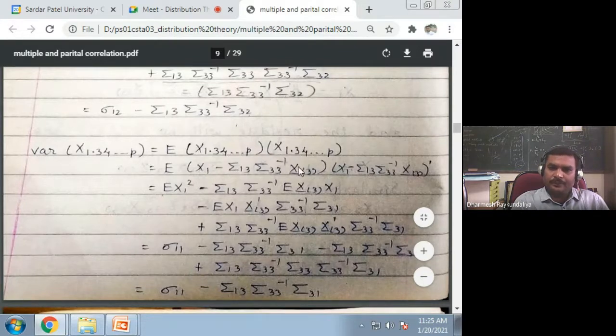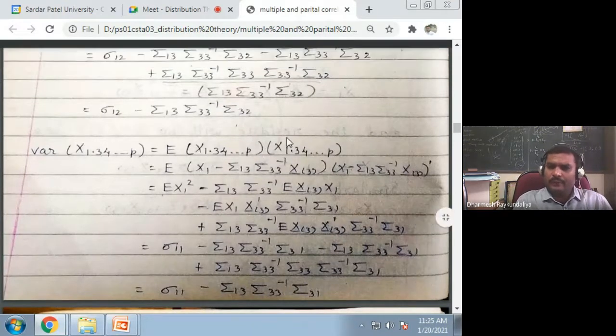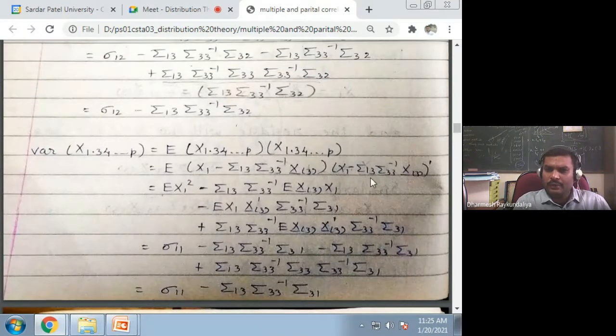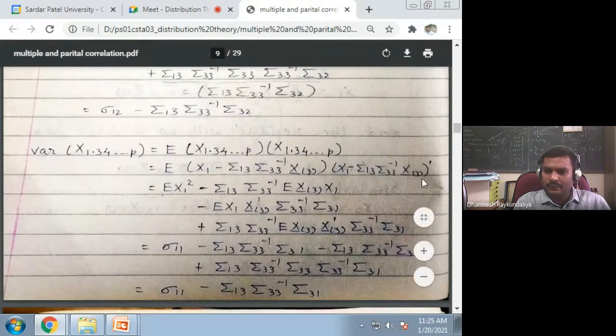This residue has how many elements? Suppose it has k elements. So this is x1 minus sigma 1 3 sigma 3 3 inverse x3 transpose. Suppose this is nothing but a scalar. Then if you write it in the form of transpose, there is no issue.